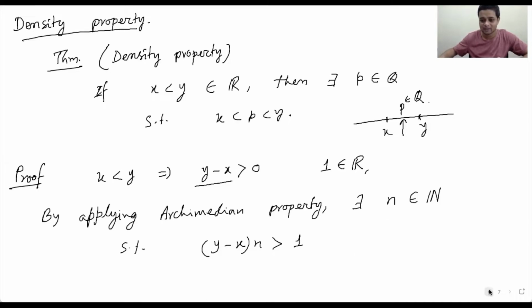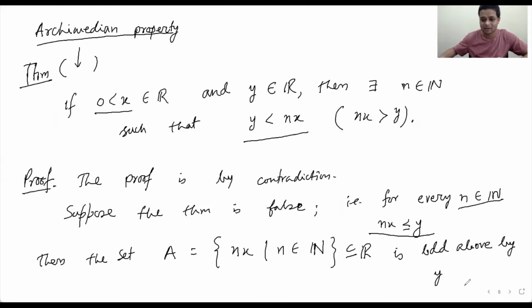So in the Archimedean property statement, we use y minus x, and for y we have used 1.